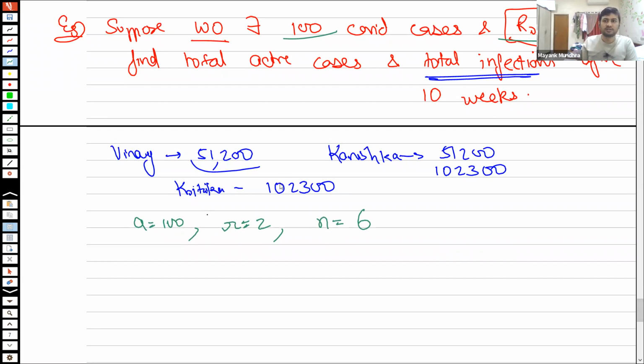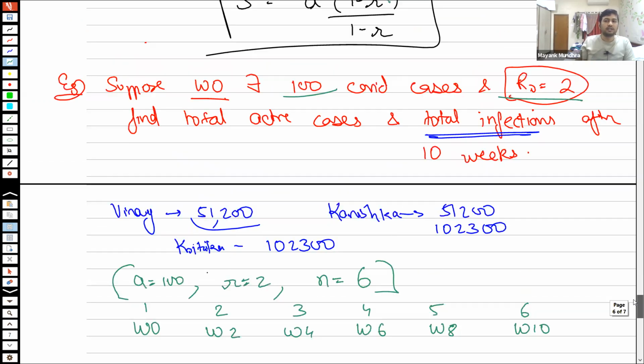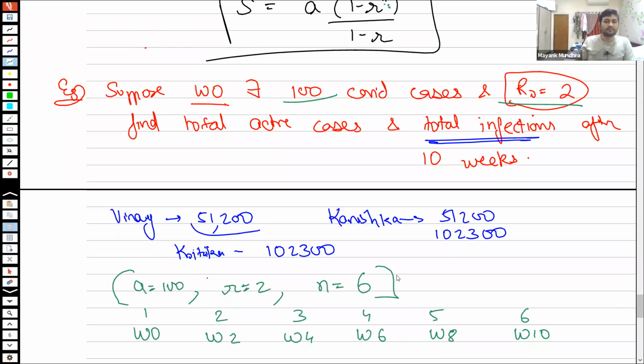It will give you a wrong result. Obviously I'm dealing with 2 week gaps. So week 0, week 2, week 4, week 6, week 8, week 10. So if this is your N equals 1, 2, 3, 4, 5, 6. If you put these 3 numbers in this formula, you'll get the answer right away.